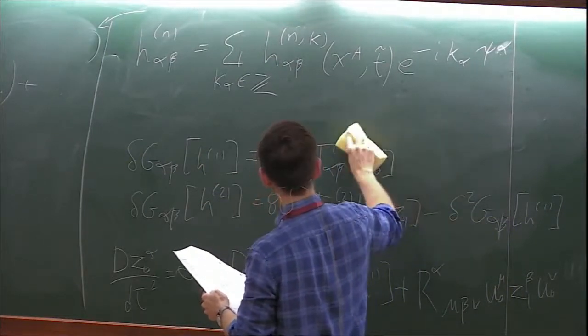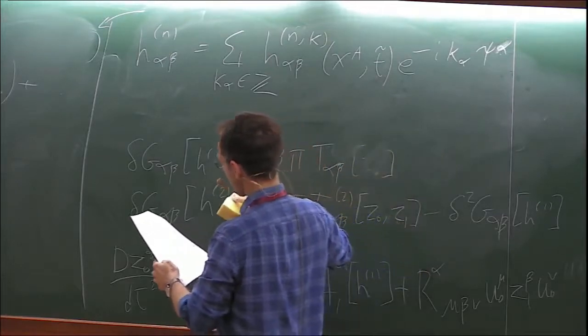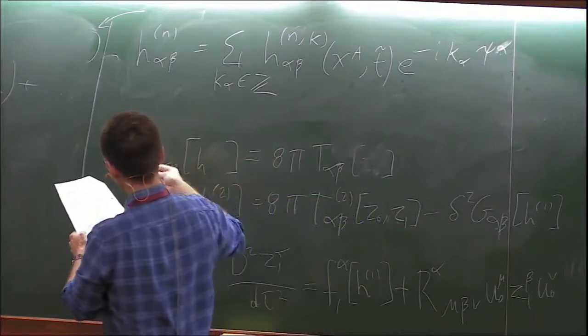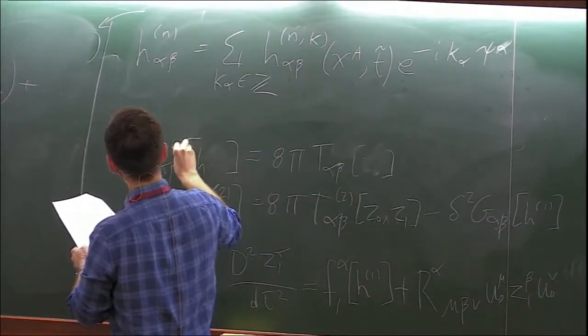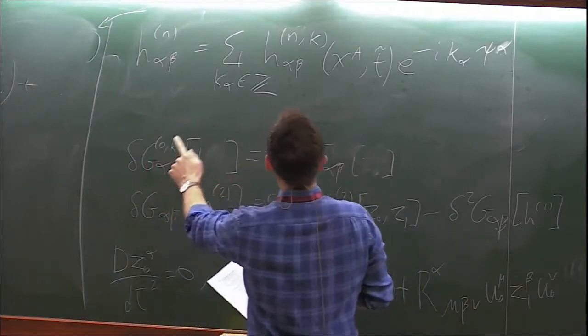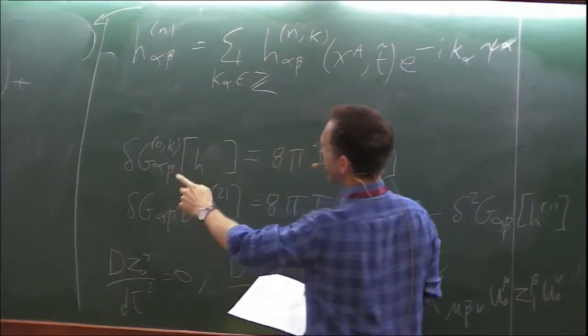So how am I going to write this? Here I'm going to put 0k. So the k corresponds to this k. You're looking at the kth amplitude.